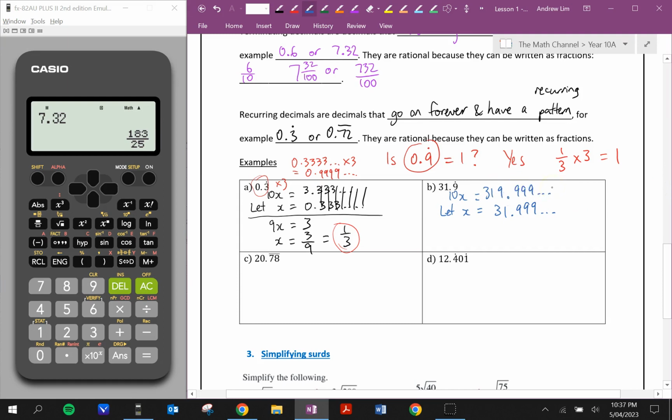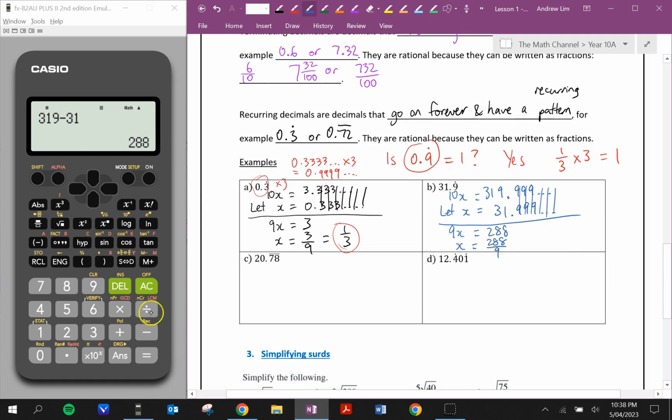It's going to go on forever. And so now we can subtract: 10x minus x is 9x. All these 9s cancel each other out. They perfectly line up. And so now we're going to do 319 minus 31, which is 288. So x is equal to 288 over 9.